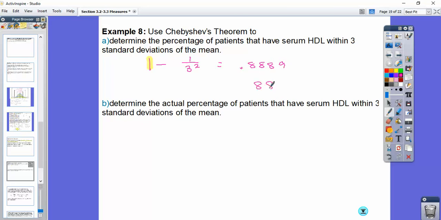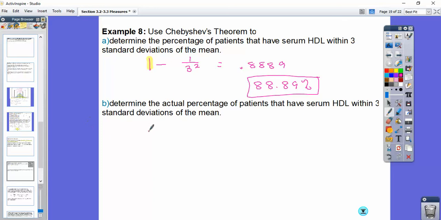So that would be 88.89%. So not quite 89% of our data. Chebyshev's says at least. So we might have more of our data in that window, but we should have at least this much.